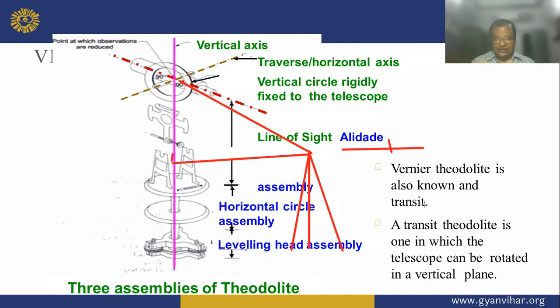And one thing, the inverse horizontal axis and vertical circle is rigidly fixed to the telescope. Correct?